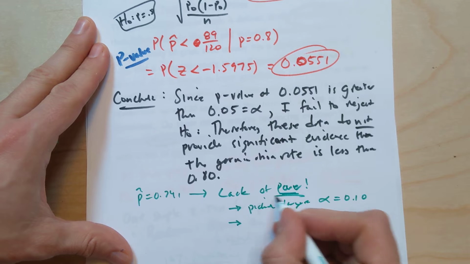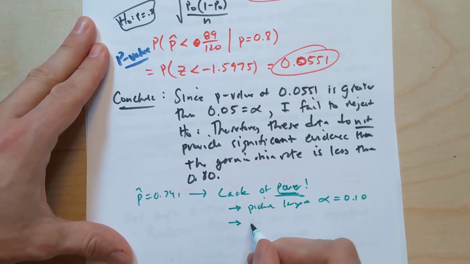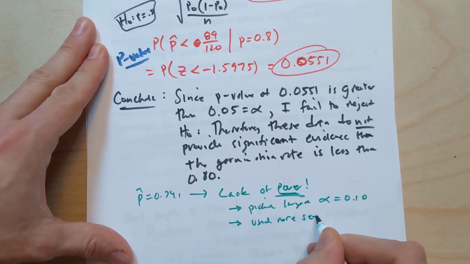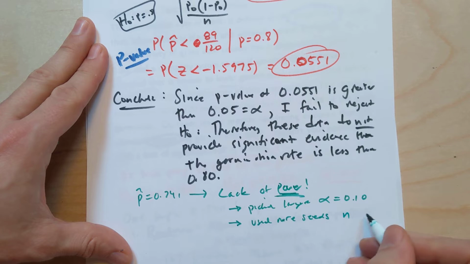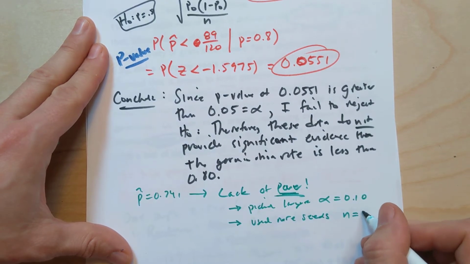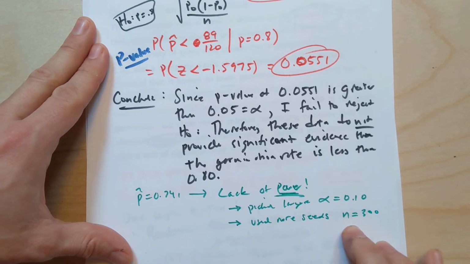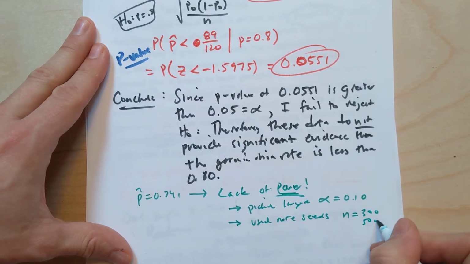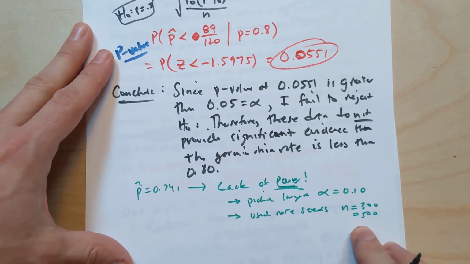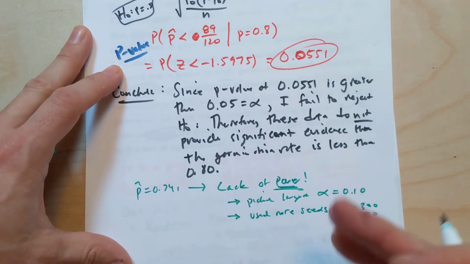Let's say again, I should have rejected. Then I could have increased my power. I could have used more seeds, increased my sample size. n could have been some bigger number. I did 120, but what if I did 300? That would have given me more power. Or what if I did 500 seeds? Why stop there? Seeds aren't that expensive. Go ahead and treat some more seeds and give yourself a more powerful test.